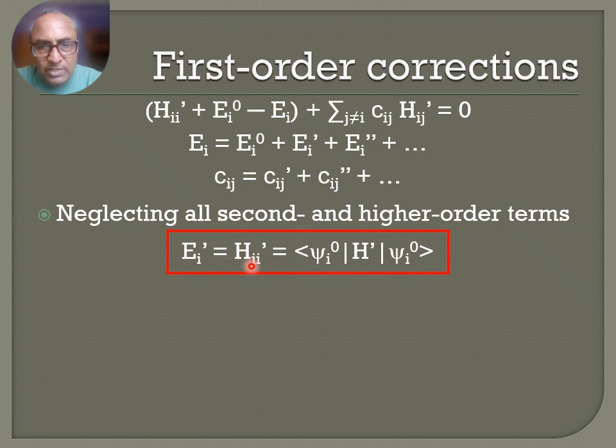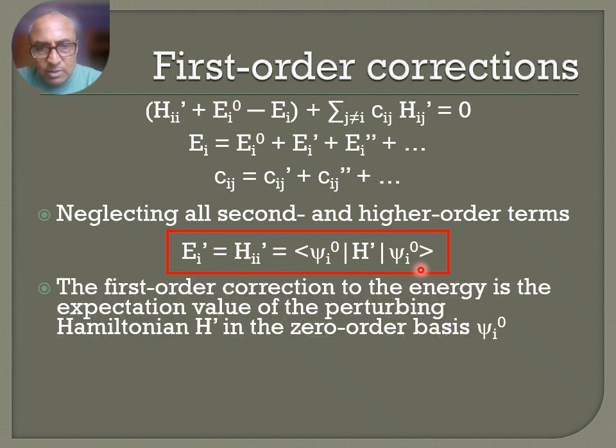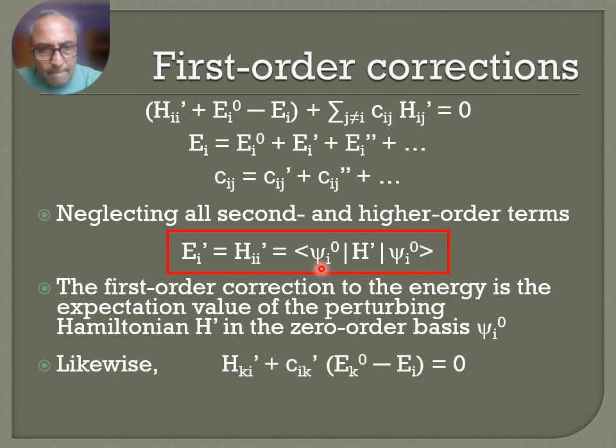or E_i dash is equal to H_ii dash, which is equal to bra psi_i^0 H dash psi_i^0 ket. In other words, the first order correction to the energy E_i dash is the expectation value of the perturbing Hamiltonian H dash in the zero order basis psi_i^0.